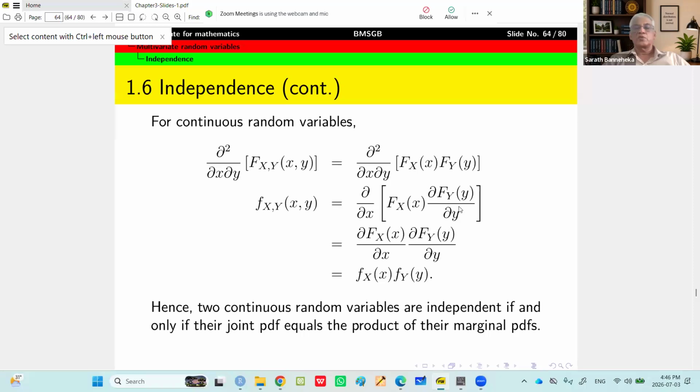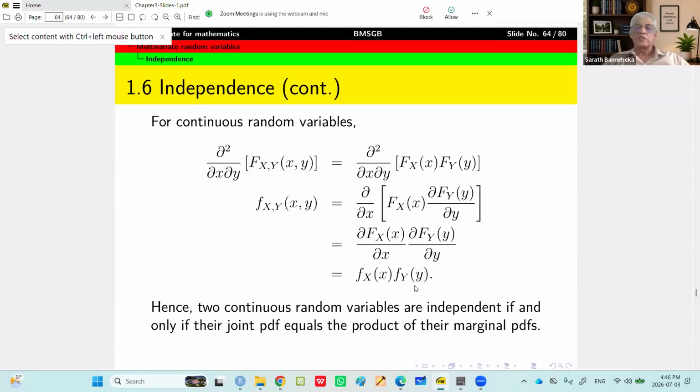So first you are taking this as a constant times the differentiation with respect to y, and then differentiation with respect to x will give you, in that case, this will be a constant. So this will be the differentiation of this function with respect to x times this one. So that's going to be the product of the density of each random variable.